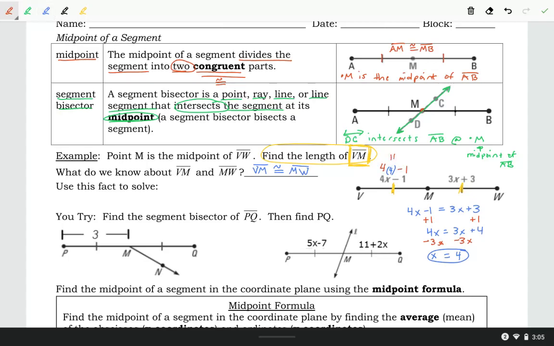So 4 times 4 is 16, minus 1 is 15. So VM is equal to 15 units. Which means MW is also equal to 15 units, and VW, the whole length, would be twice that, so 30 units.